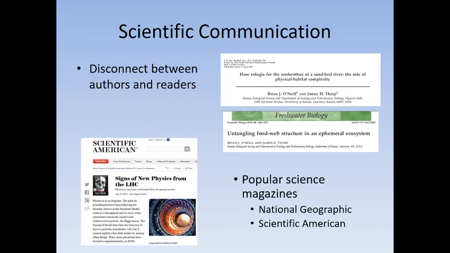There are some popular science magazines like National Geographic, Scientific American, things that you might have seen before. And the thing is, these publications do a good job of highlighting specific science, but it's really just a very small sliver of all the important science that's done all around the world.